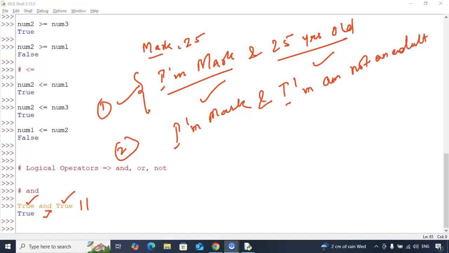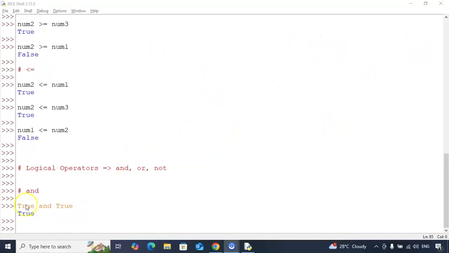It means he's less than 18, which is not correct. This statement is true, but this statement is not true. So the whole statement becomes not true, because you're using an and, which means both of them should be true. So when the first operand is true and the second operand is false, you get a false.